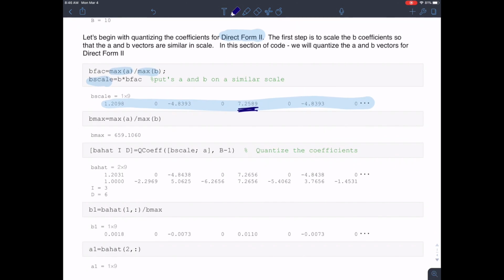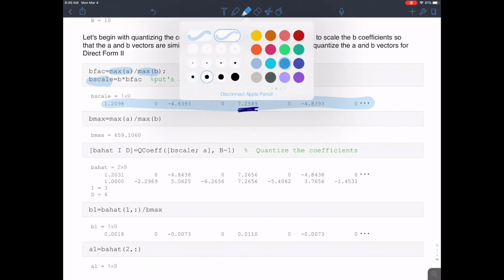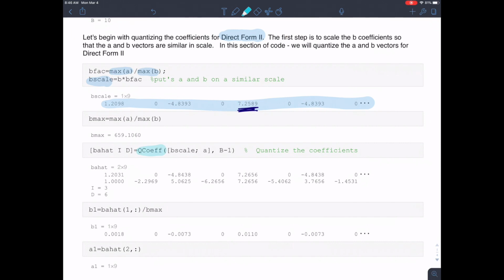The next thing we do is use this Q coefficient code from the Proakis book, which is uploaded on one of the box folders. I'm going to quantize all the coefficients, the scaled B and the A. We're using B minus 1 bits of precision because we know we always have one sign bit.